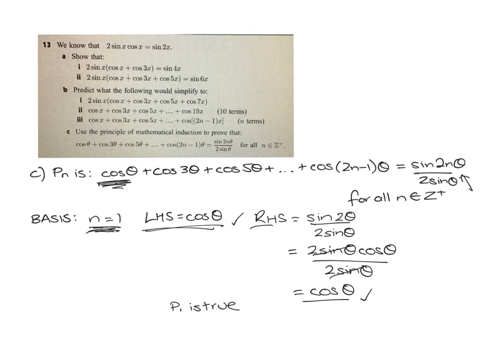We okay with that? The next step then, PK. So if PK is true, then cos theta plus cos 3 theta plus cos 5 theta, and I'm going to stop there. I'm not going to be able to fit it all in.